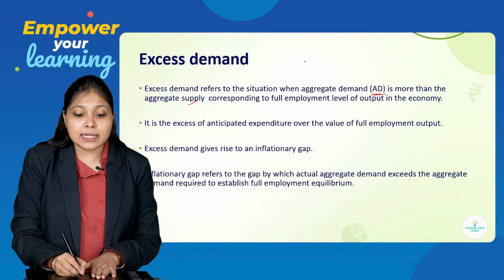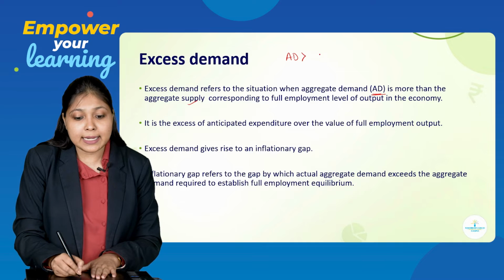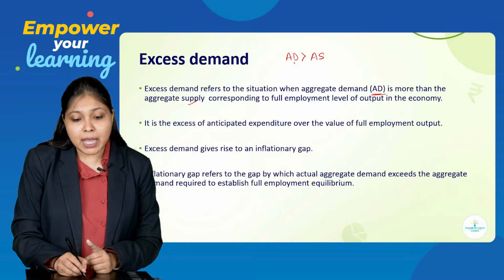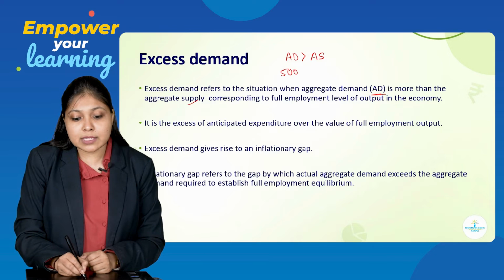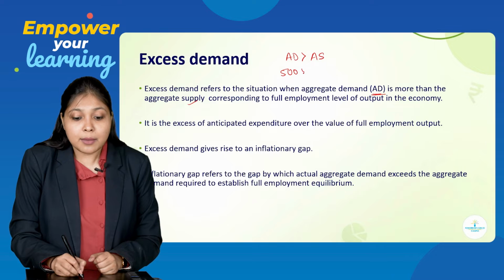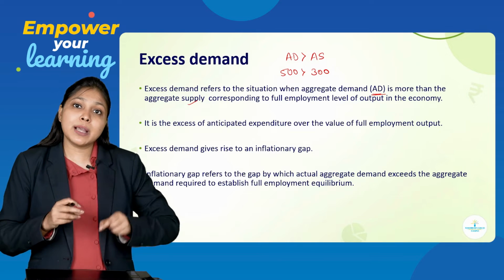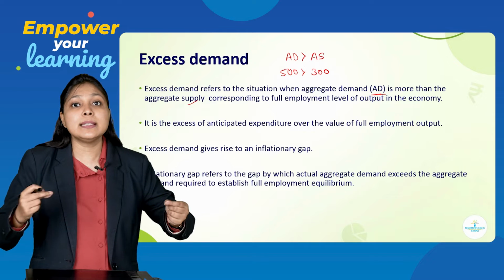Maybe the demand in the economy for goods and services might be 500 units, but supply is just 300 units. That means my demand is more than my supply.